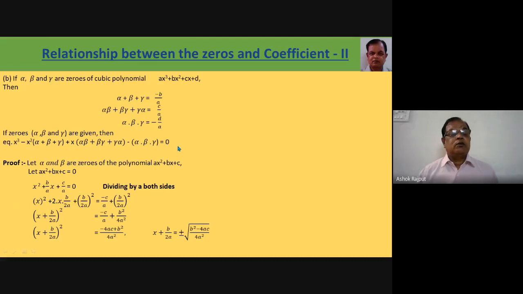This way we can find the cubic polynomial also if zeros are given. Why is it a cubic polynomial? Because its degree is 3 and zeros are 3.